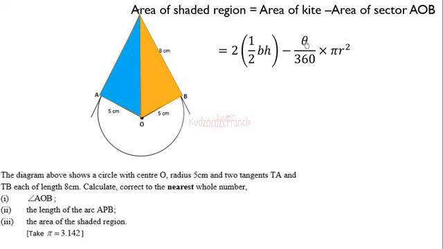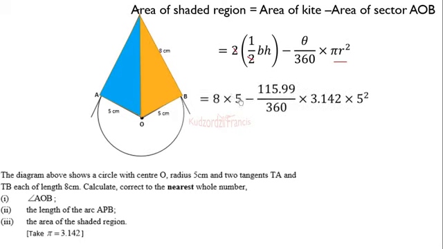Then we also know that the area of a sector is theta over 360 times pi r squared, which is the area of the circle. Now this cancels this and we are left with BH. So now let's substitute BH, 8 by 5, and any of them can be the base or height because it's a right angle triangle.